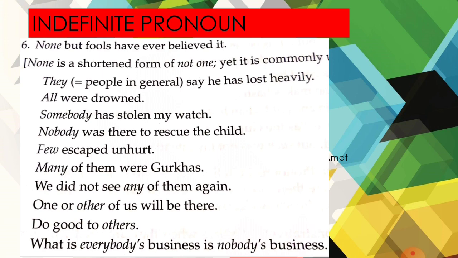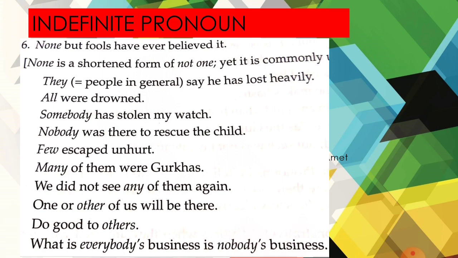We did not see any of them again. Again, any is indefinite. One or other of us will be there. Again, one and other is indefinite, not referring to somebody particular. Do good to others. Again, others is a group of people, but we don't know exactly whom.